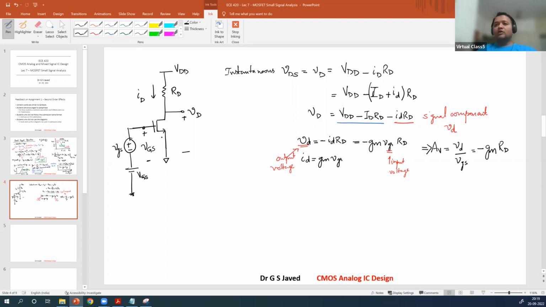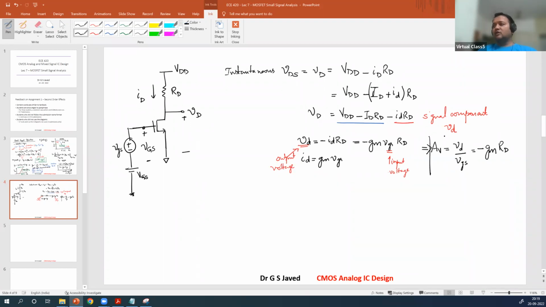Now, this particular condition shows that when a transistor is connected in this configuration, the input becomes inverted at the output. Note the sign change here. And the absolute gain is given as the gm of this transistor multiplied by the load resistance present.